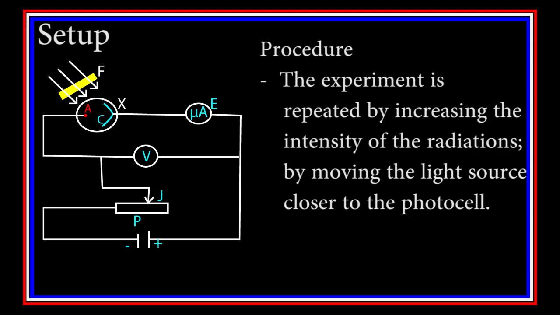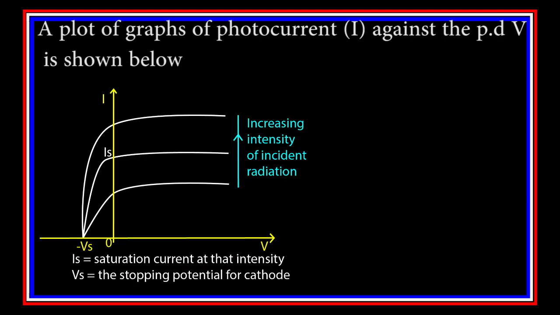The experiment is repeated by increasing the intensity of radiation by moving the light source closer to the photocell. A plot of the graph of photocurrent I against the PD V is shown below.